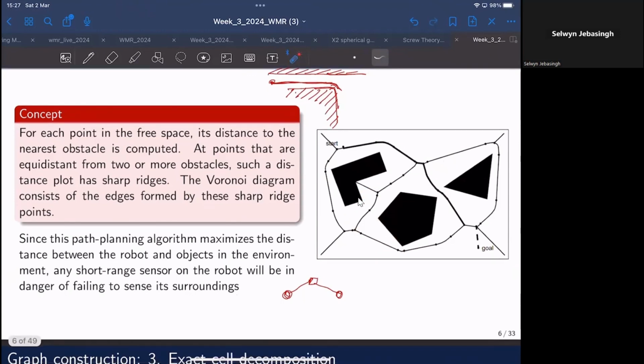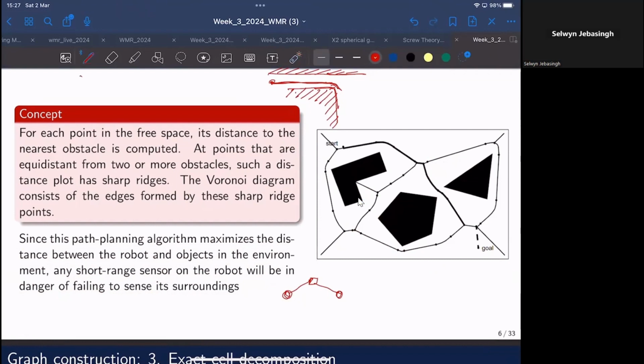Okay, so one more feature. Since this path planning algorithm maximizes the distance between the robot and the objects in the environment, any short range sensor on the robot will be in danger of failing to sense its surroundings. So this could be a massive drawback of path planning using a Voronoi diagram.